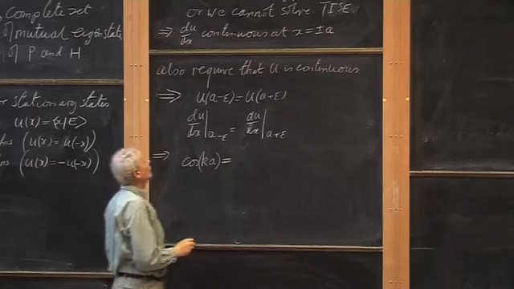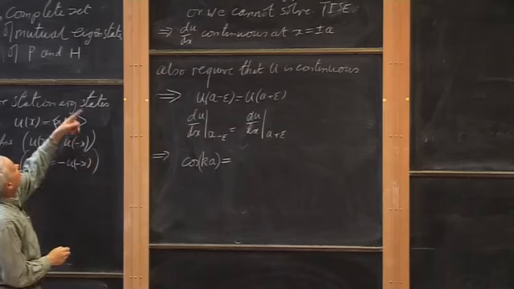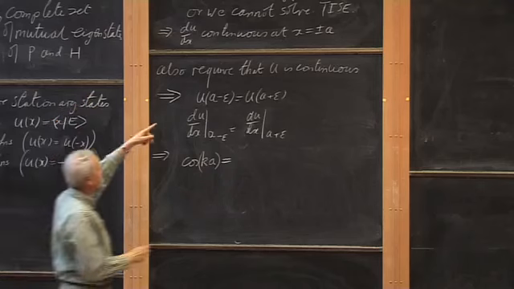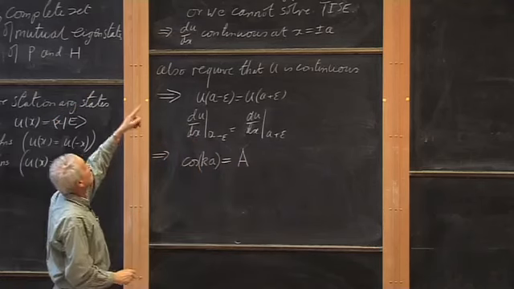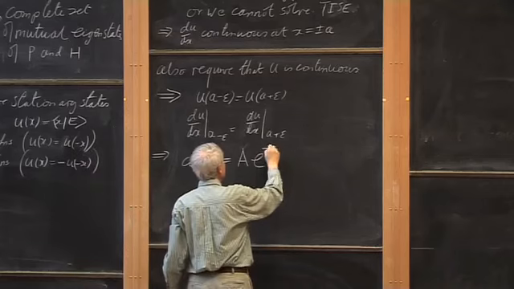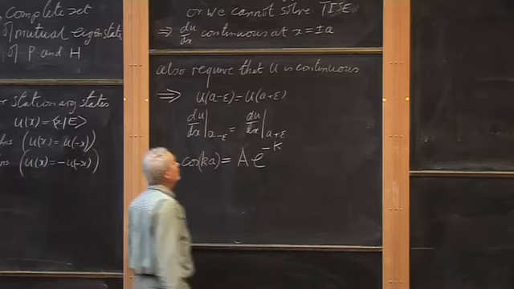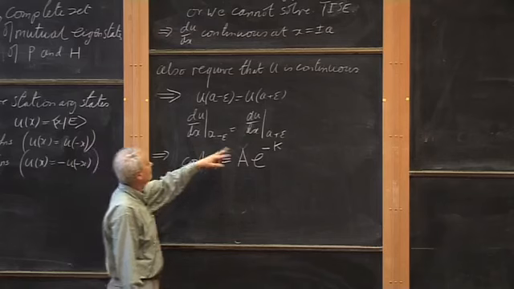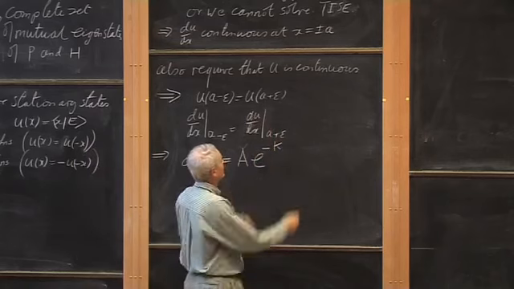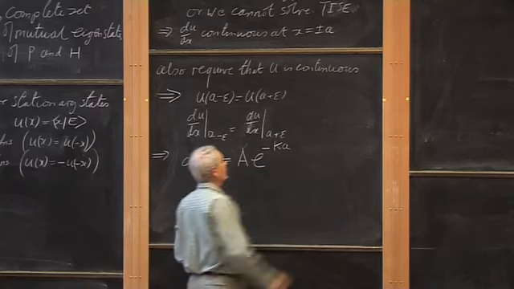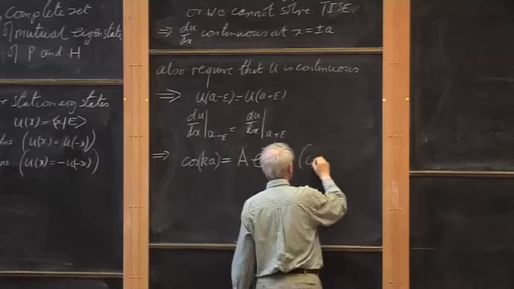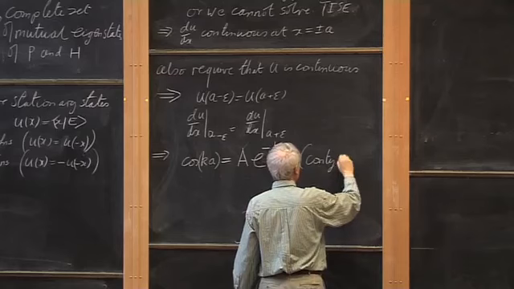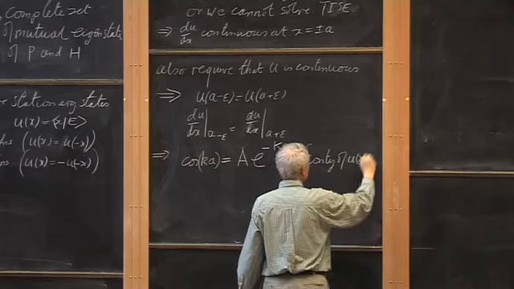That's got to equal the wave function on the right-hand side, which is some constant, we'll call that constant big A, times e to the minus big K times x plus a tiny bit. Let's forget about the tiny bit because this is a continuous function. So we require that. That's the continuity of u of x.